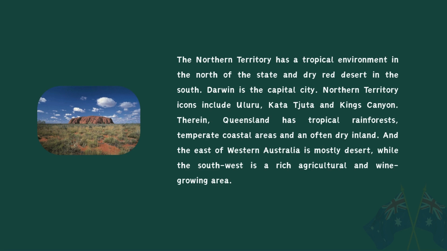Darwin is the capital city. Northern Territory icons include Uluru, Kata Tjuta, and Kings Canyon. Queensland has tropical rainforests, temperate coastal areas, and an often dry inland. And the east of Western Australia is mostly desert, while the southwest is a rich agricultural and wine-growing area.